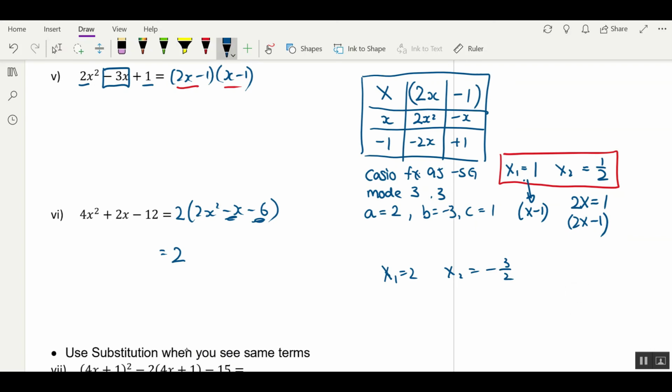Bring that 2 over, so you get x minus 2. This would be your first bracket. For this one, multiply by 2 first, so 2x equals negative 3. Bring the negative 3 over, 2x plus 3. So this is the second bracket. This is how you use your calculator to help you find the components of your two brackets.